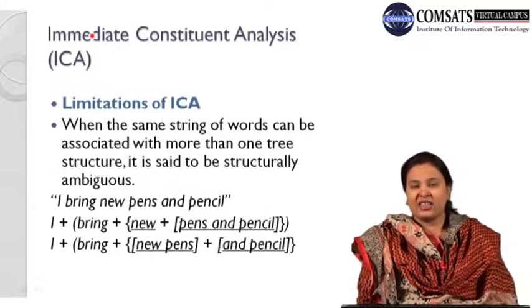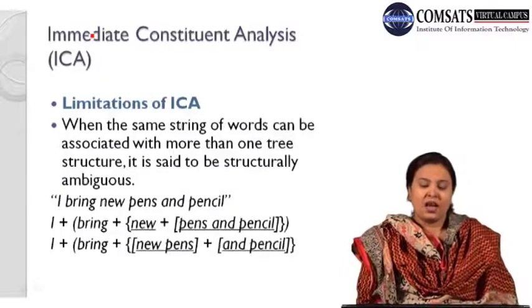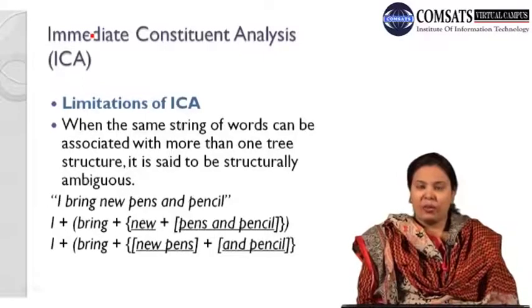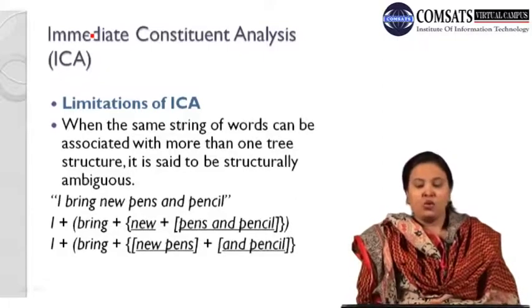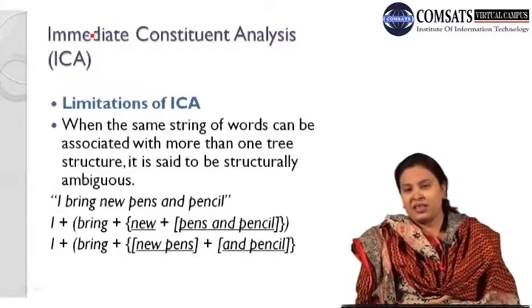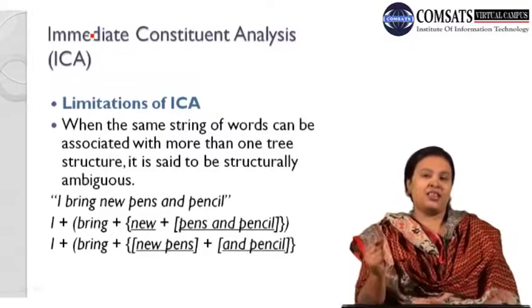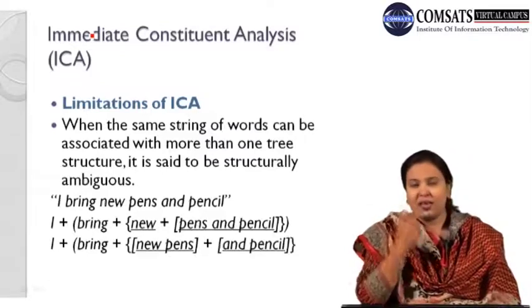Now if I structurally analyze this sentence with respect to ICA, I is the subject, bring is the verb, in the whole verb predicate, and then new pens and pencils. Again, look at the sentence.